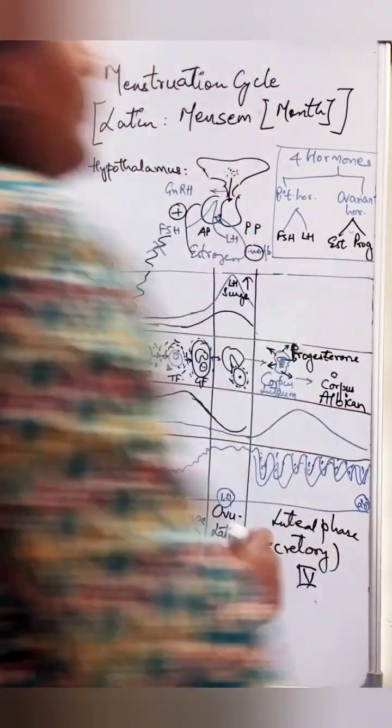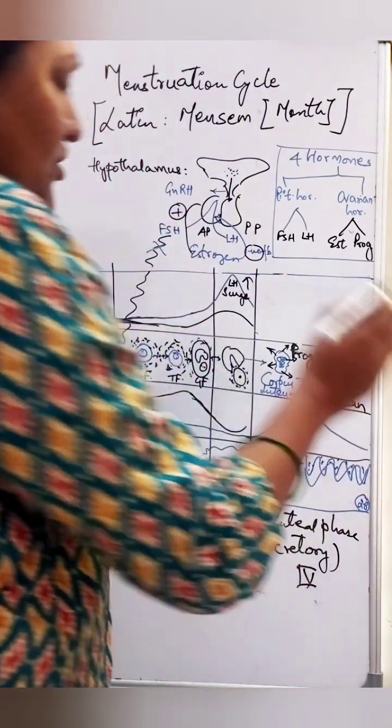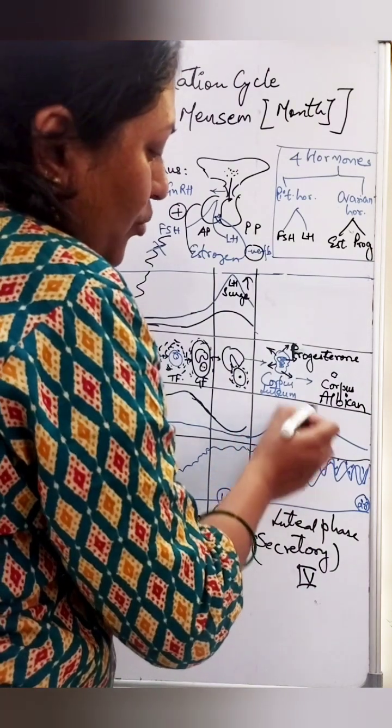And this corpus albicans is the sign that there is no fertilization. So progesterone will be moving down.